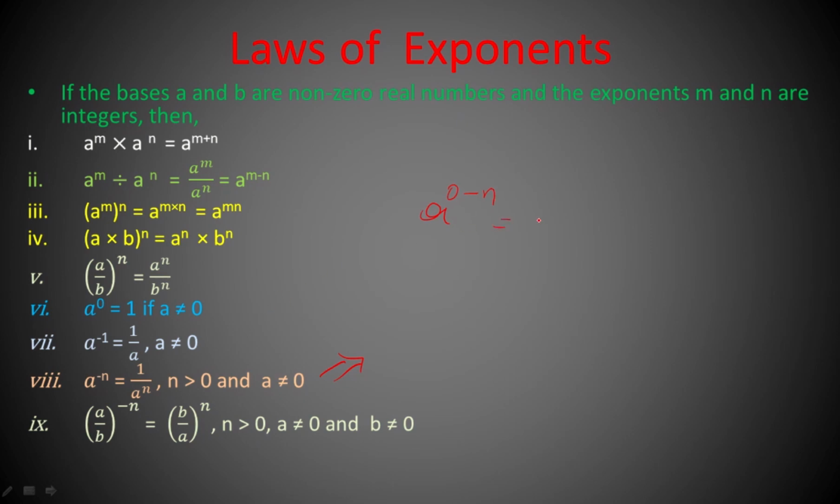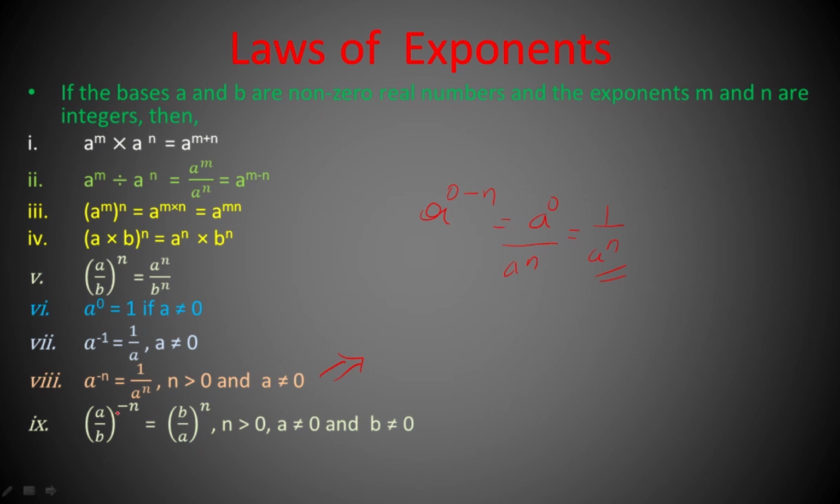This can be written as a to the power of 0 over a to the power of n. We know that a is different from 0 and n is a positive integer, so a to the power of 0 is 1 over a to the power of n. So a to the power of minus n is equivalent to 1 over a to the power of n.